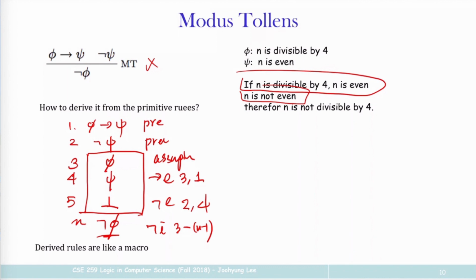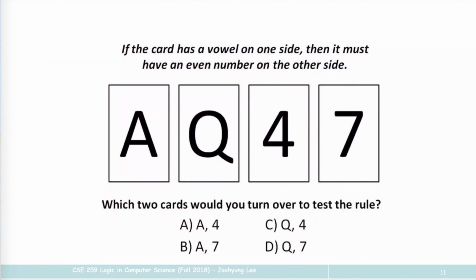So we can prove this fact without using modus tollens, but sometimes it's good to remember this pattern because that will help you to solve a problem like this. So we talked about this problem before. If this is phi, then this is psi: if a card has a vowel on one side, it must have an even number on the other side.